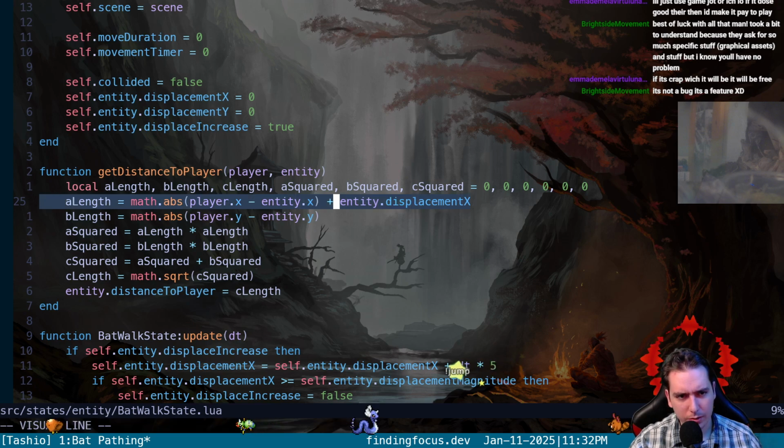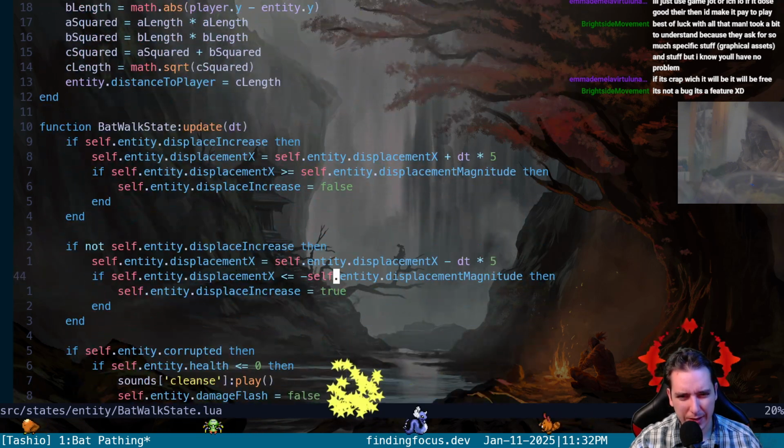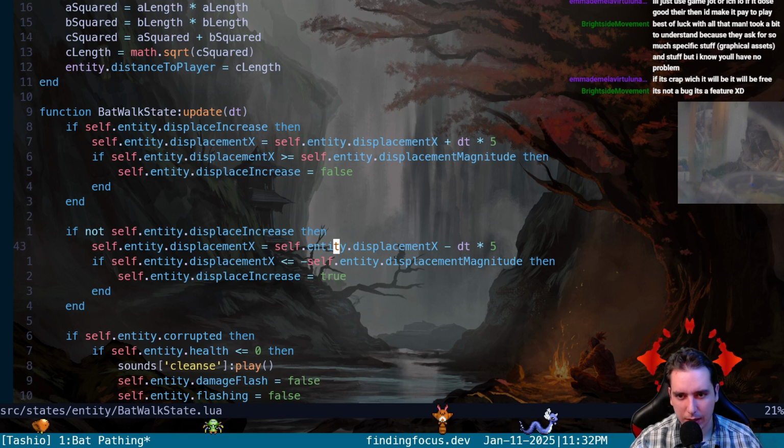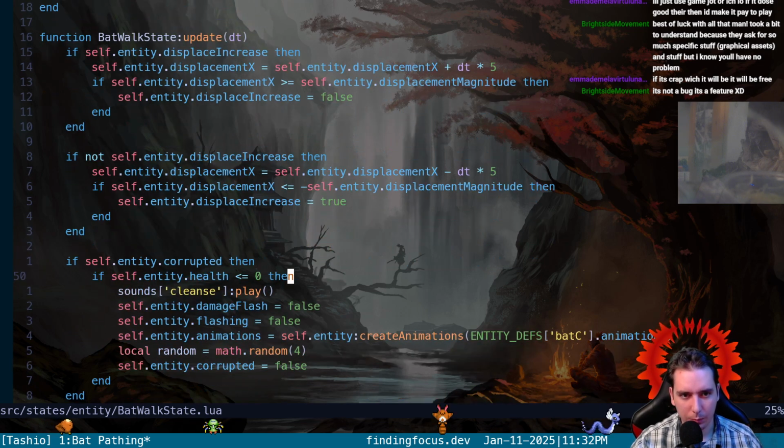Okay, what I'm going to do is try the displacement y and then maybe increase the distance between him stopping, and we'll tweak it from there.